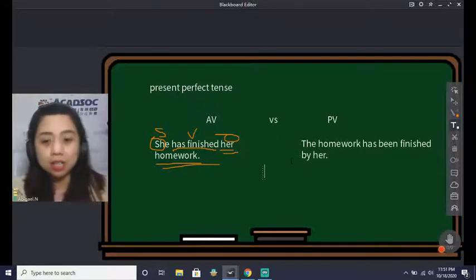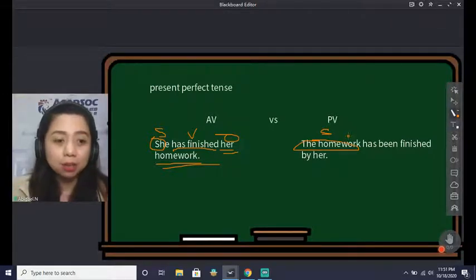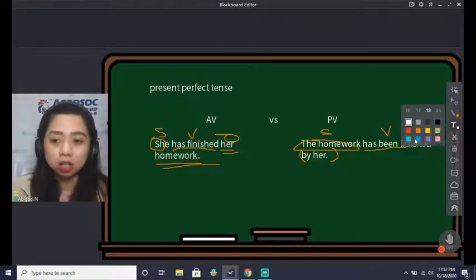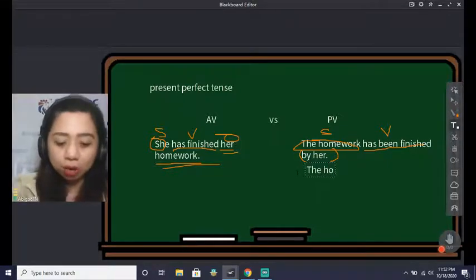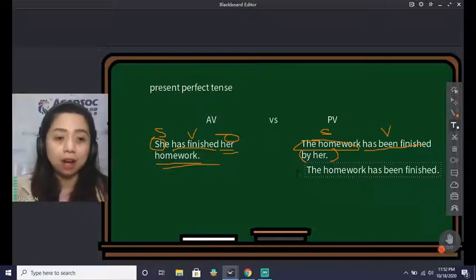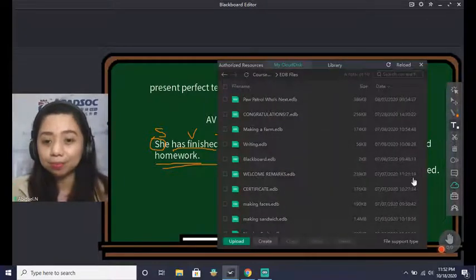Can you see that? This is the subject, the receiver of the action. Has been finished, this is the verb. And this by her, of course, is optional. You can also say the homework has been finished. And that's it. You have your passive voice in present perfect tense.